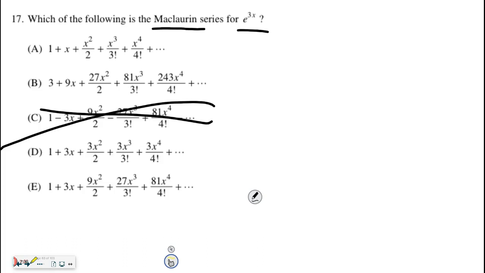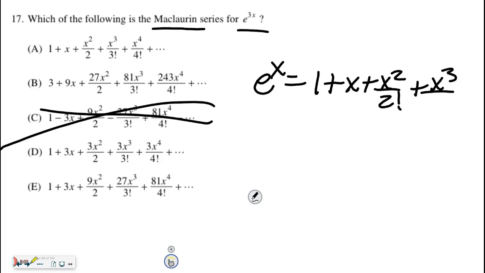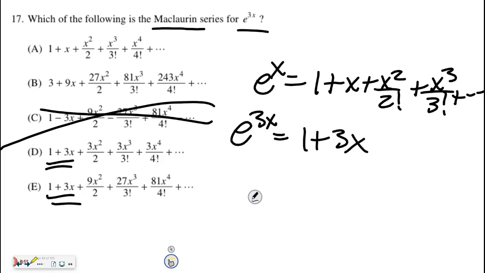So the work you should be doing, what is everybody writing down? They're writing out e to the x. They have it memorized, hopefully, right? And then for all the x's in the expansion, what are you putting in? 3x. I'm just checking as I go because so far I need one more term, right?